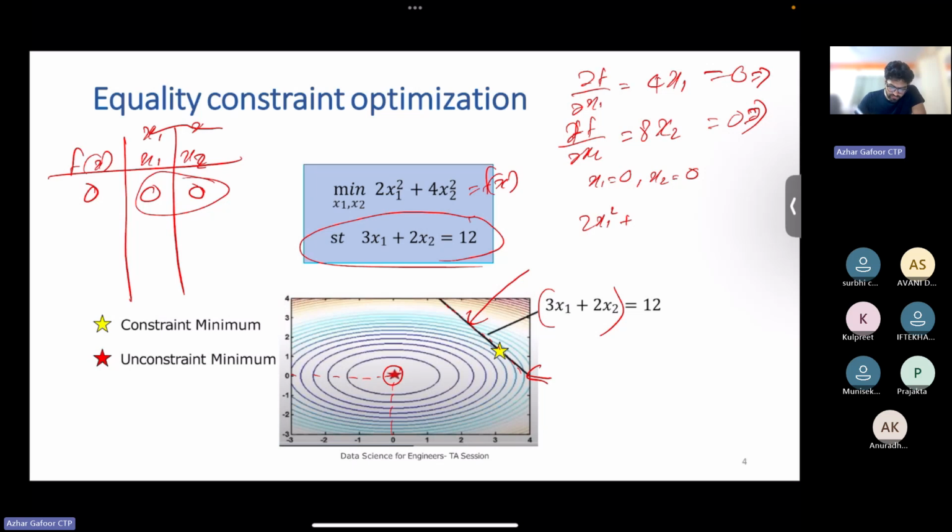In this graph, the function values increase in this direction, so this circle has a lesser value compared to that circle. The point at which the constraint is tangent to this curve will be the minimum point, the solution of our constrained optimization problem.